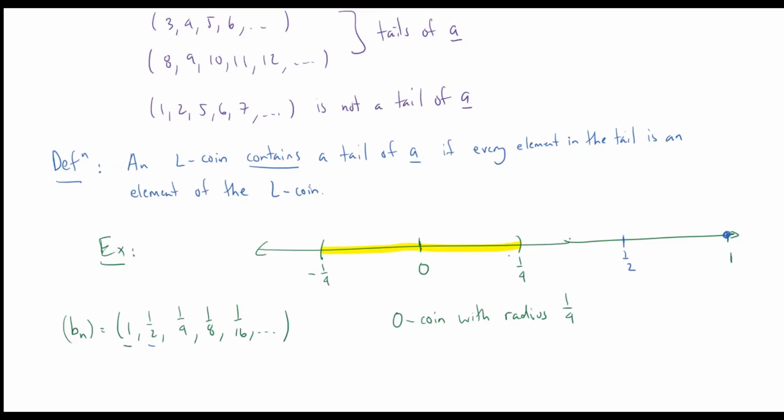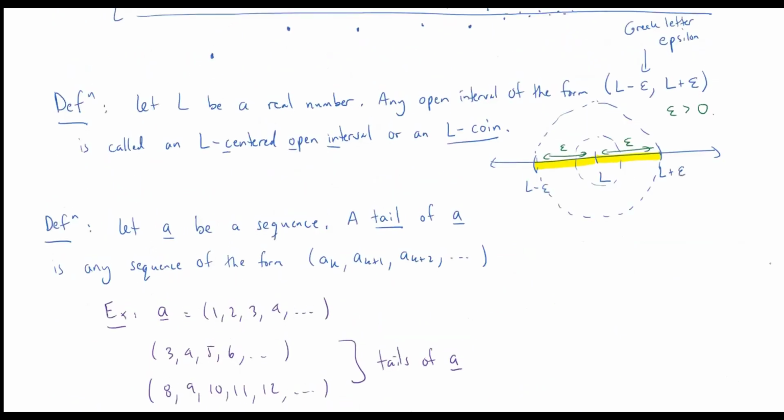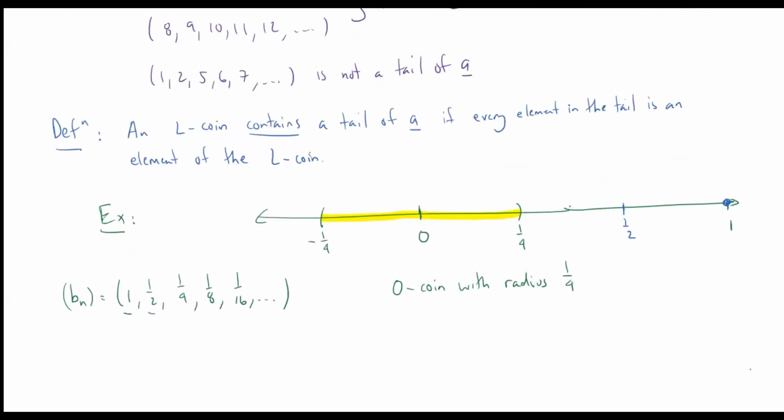Well, this is where the O is important. The O in L coin meant open interval. So when we use parentheses, that makes it an open interval. What does that mean happens with the endpoints? You don't include them. So actually 1/4 isn't in this interval because it's right on the end.